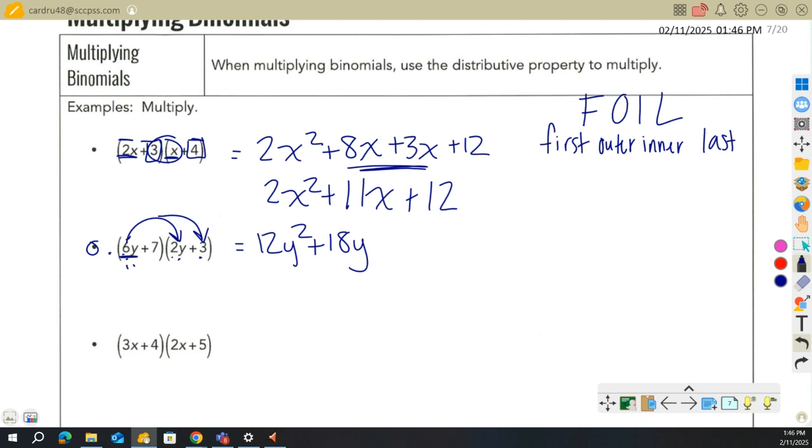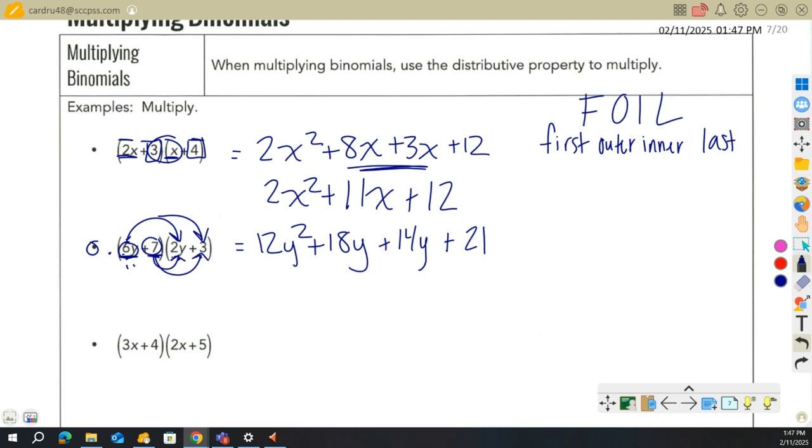So this is still first term and then outer terms. And then I'm going to do the same thing. I'm going to take 7 and distribute it to each term. So 7 times 2y, that's 14y. 7 times 3, that's 21. So the main thing with this is just making sure that each term in that first binomial gets multiplied to each term in the second binomial.